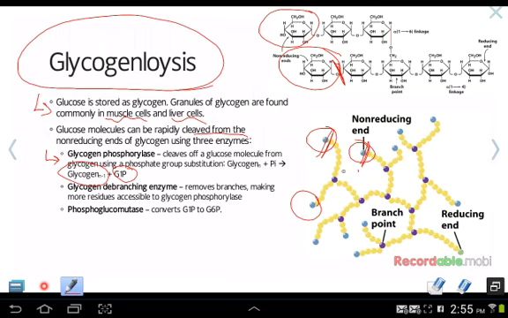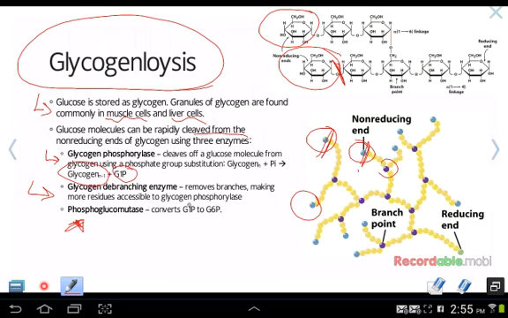Glycogen phosphorylase can continue cleaving until we get to about 4 or 5 residues from a branch point. And then we need the glycogen debranching enzyme in order to move that branch and then hydrolyze at that branch point.